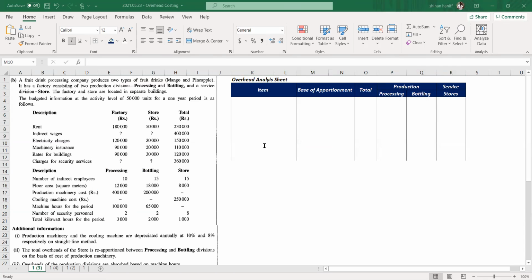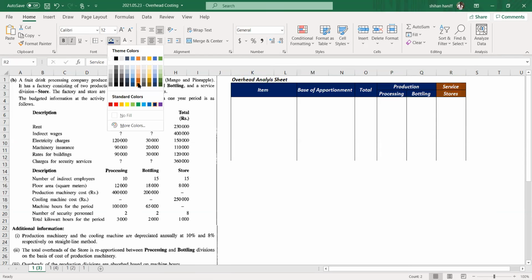There is a question: why are processing and bottling in the same group, production? Processing and bottling departments are under production. So it's the manufacturing process. These two departments come under production. Stores comes under service department. That's why under production we took processing and bottling, and under service we have stores.